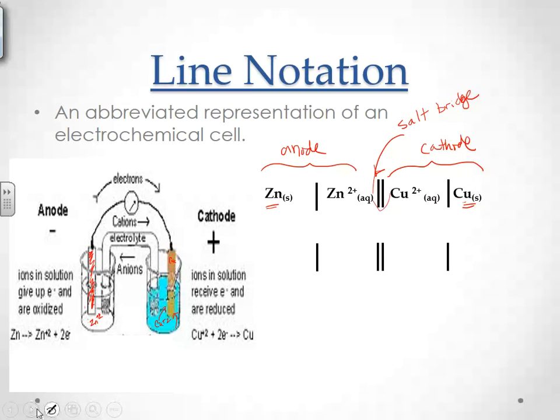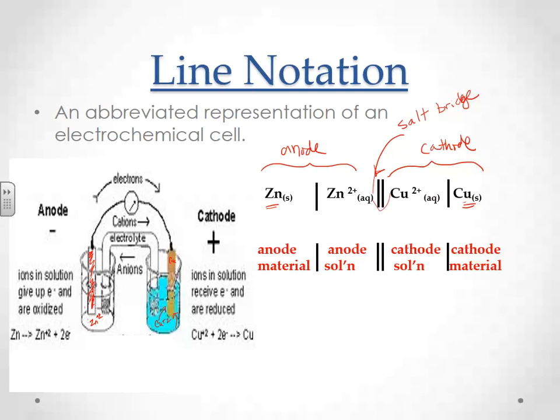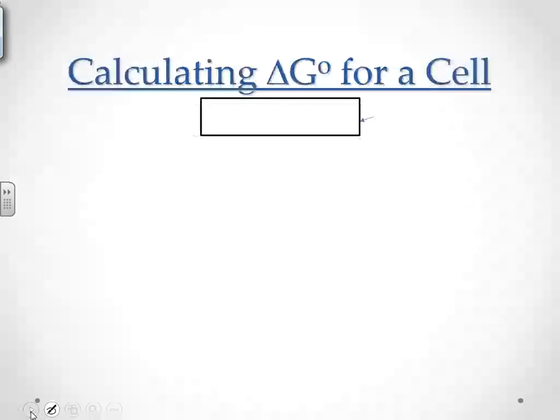So you put the anode material, a vertical line that represents your phase boundary between the solution and the metal. Then you put your anode solution, the ion that's in solution specifically. Then you have your salt bridge, double parallel lines, cathode solution, and then the cathode material. That is how you interpret the line notation.